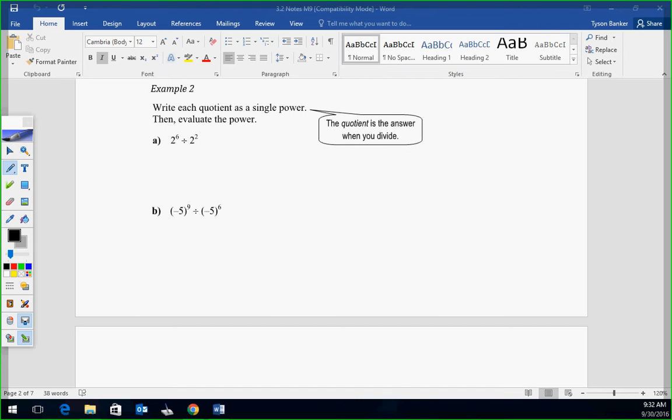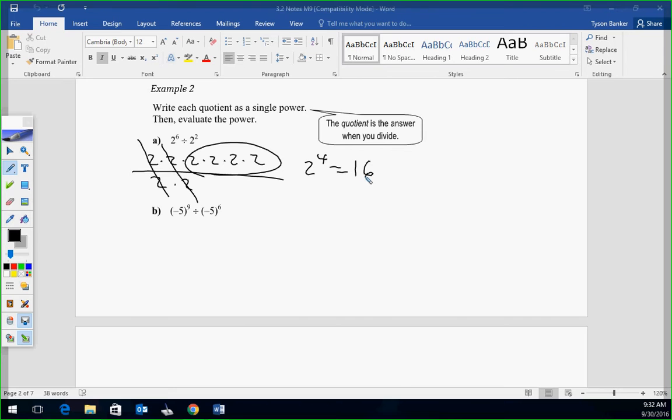I'm still going to write this out just for practice for the first 2 times. After that I won't. So I have 6 2's over 2 of them. Cancel, cancel. I have 4 left, which is 16.